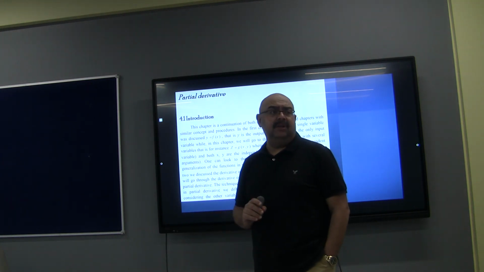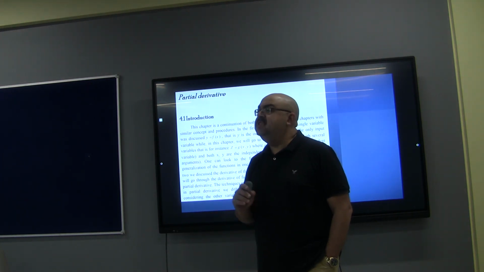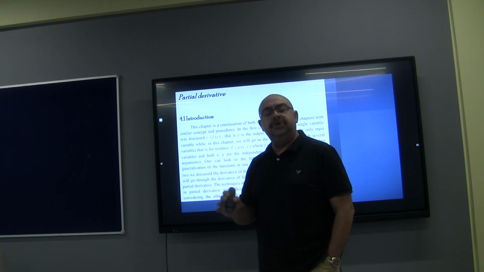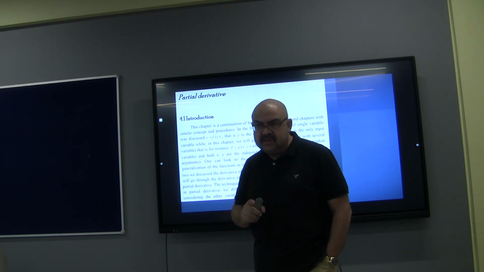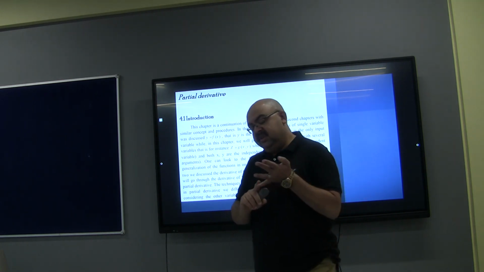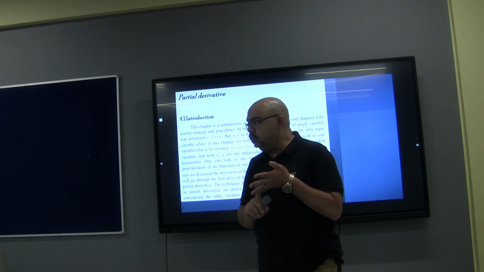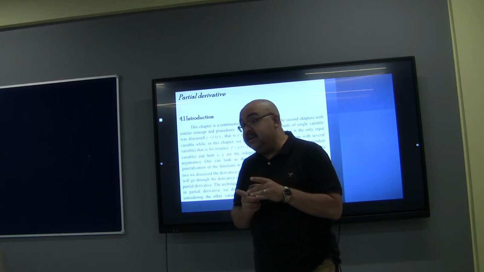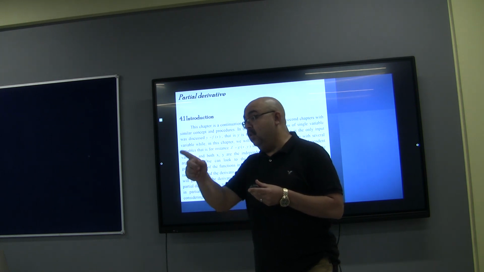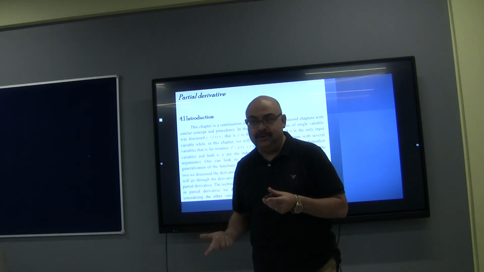If I'm talking, for example, about the strength of materials or the strength of concrete, you will find it is a function in cement content, in water content, in the various sizes of the aggregates that you are using.